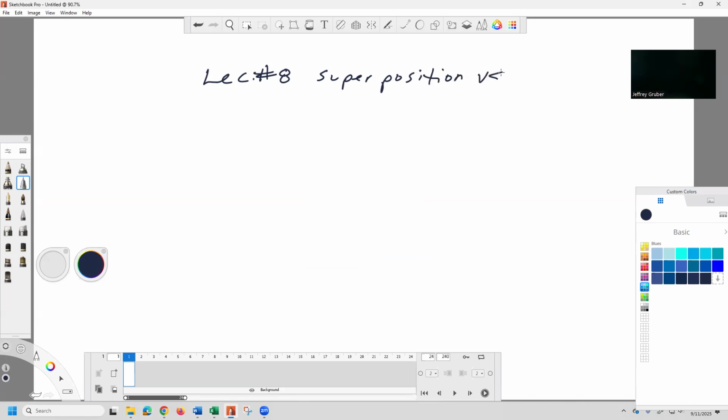I'll call it superposition versus nodal. All right, so here's the circuit.